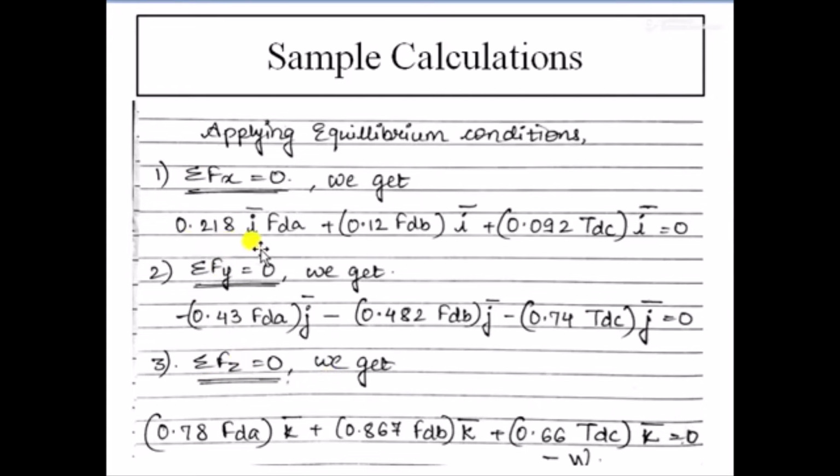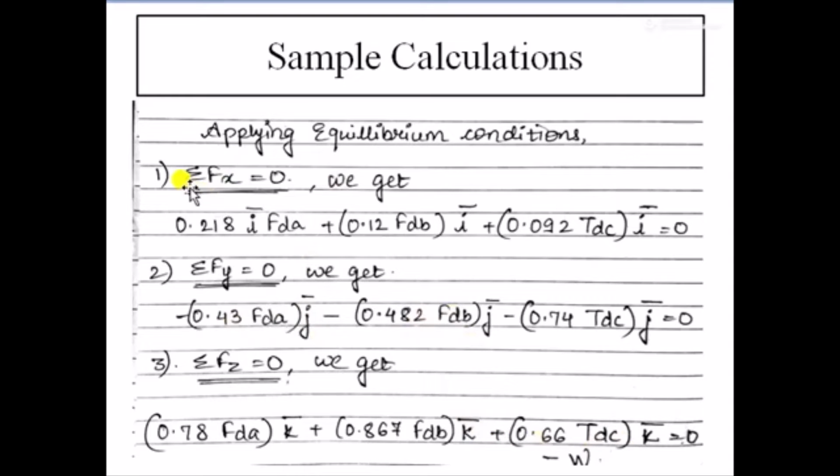So you can see here that I have applied, and I have also multiplied these factors FDA, FDB, TDC, that is the force members which we don't know. So solving all these three equations, you can get the value of FDB, FDA, and TDC.